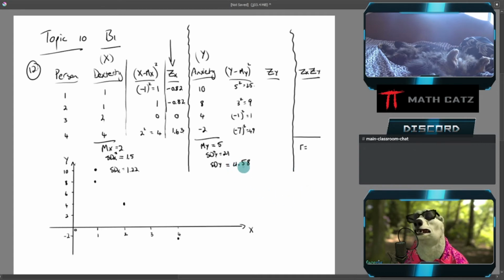We wrote 4.85 instead of 4.58, which does affect everything a little bit, and you're going to be a little off, even disregarding rounding. So let's go back and do that first one properly. It is the score minus the mean divided by our standard deviation, 4.58. 1.09.